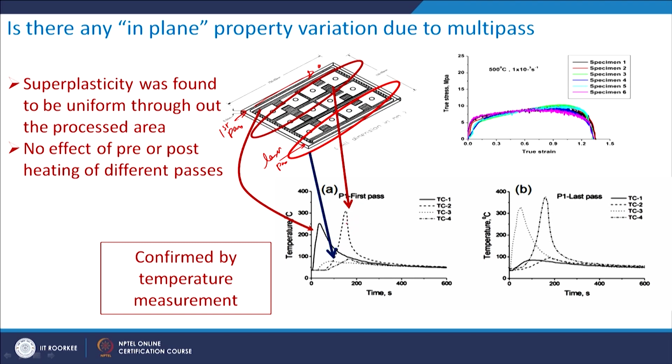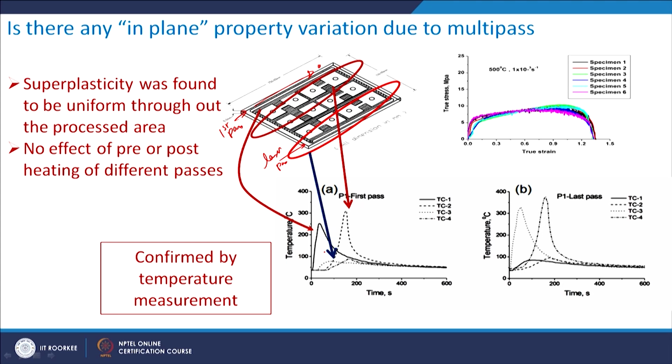What is the effect of this when the processing is being done here? What is the effect of that on the already processed material? That is shown with these two curves here. They say that the temperature rise in the other part of the material is not very high; it is even lower than 100 degrees Celsius.